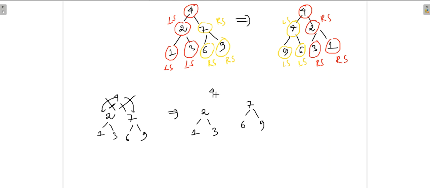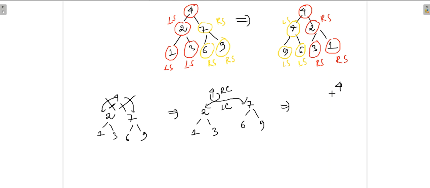Now what I will do: the right child pointer that 4 initially had, I will shift it to 2, and I will shift the left child pointer to 7. Right child goes to 2 and left child goes to 7. What will happen next?